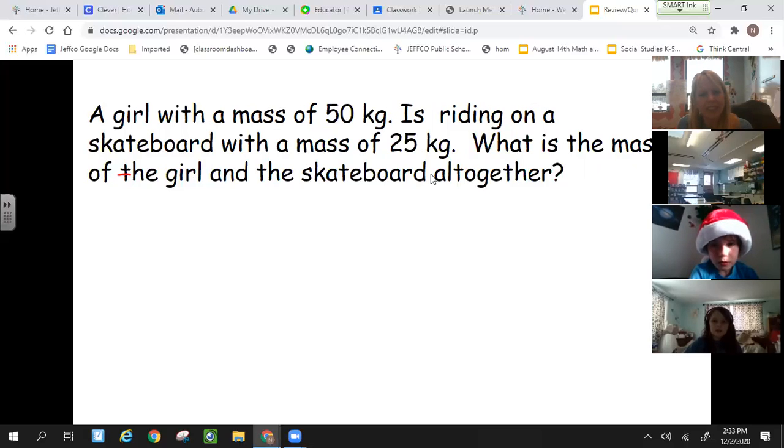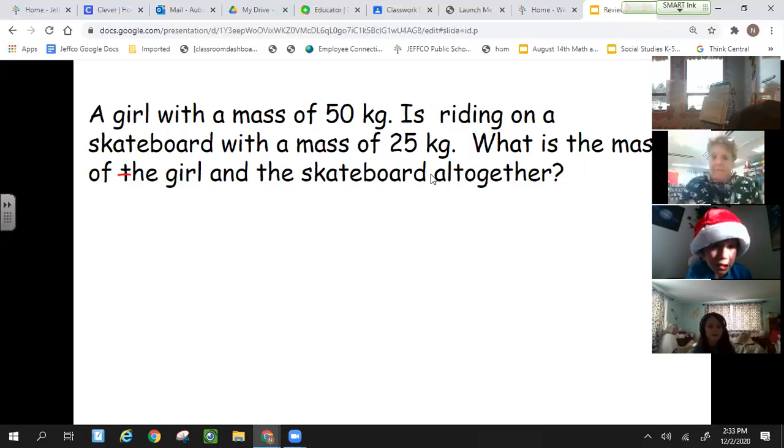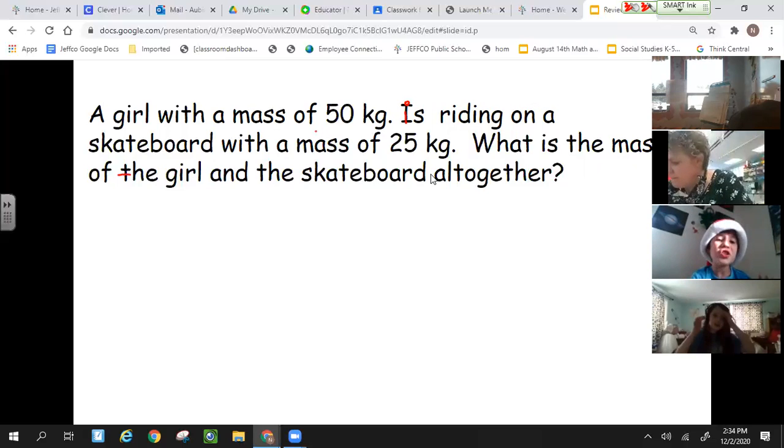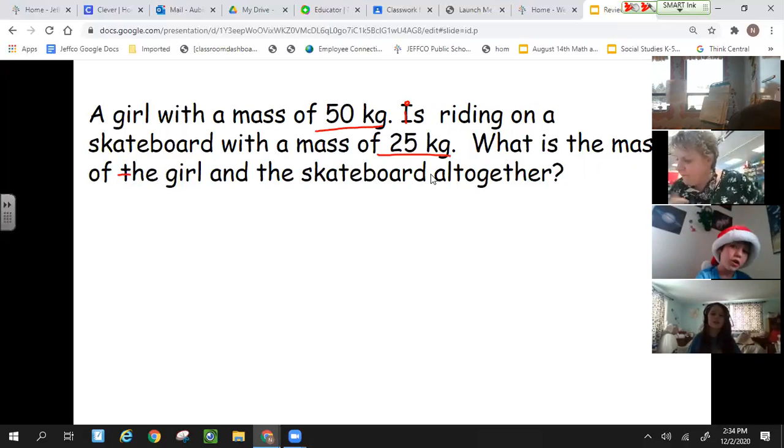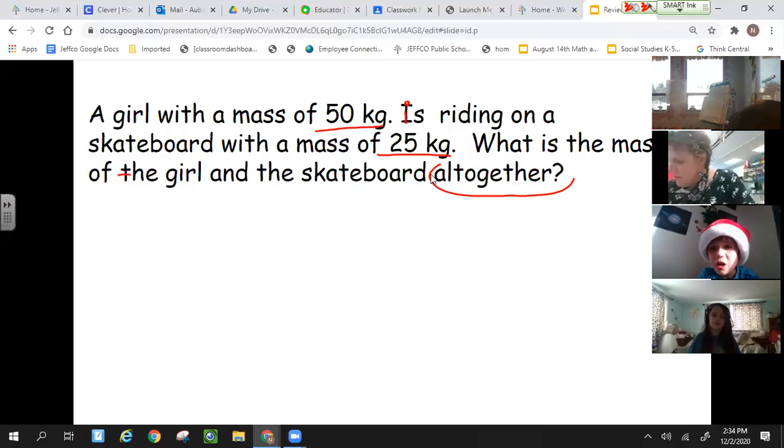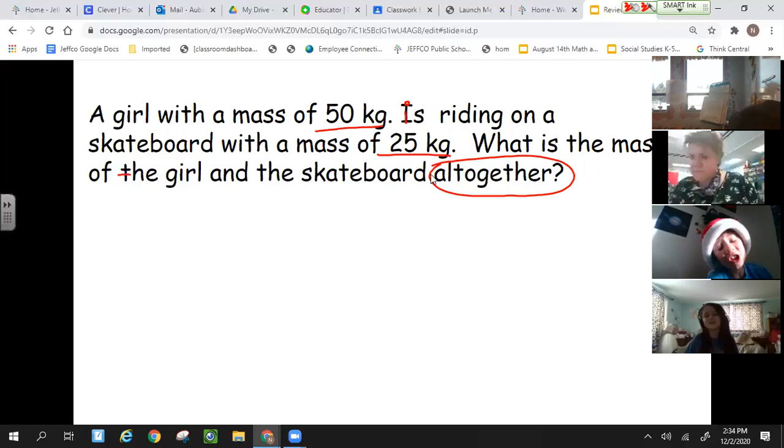Because it says you know that it's going to be like multiplication or addition. It just says all together.